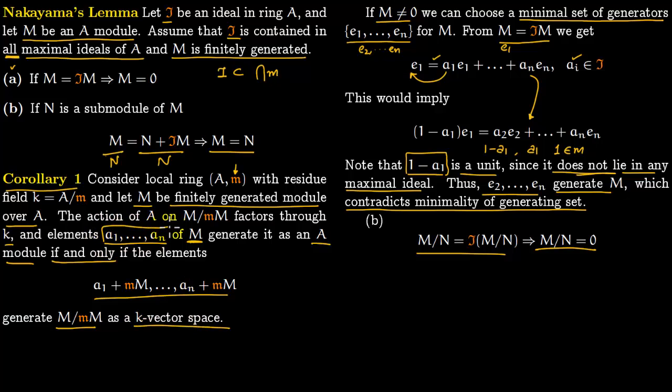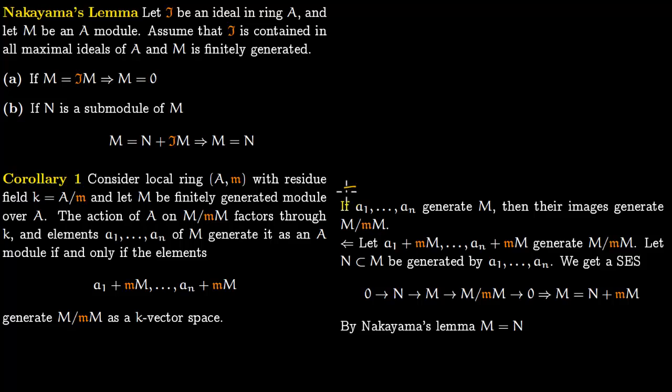So these generators of M are in one-to-one correspondence with these generators of this vector space here. This direction is easy. If a1 to an generate this module M, then their images would generate this M modulo mM. So this is just trivial.